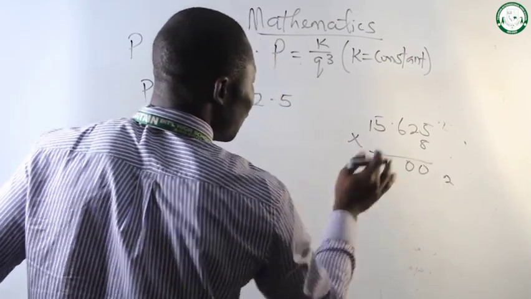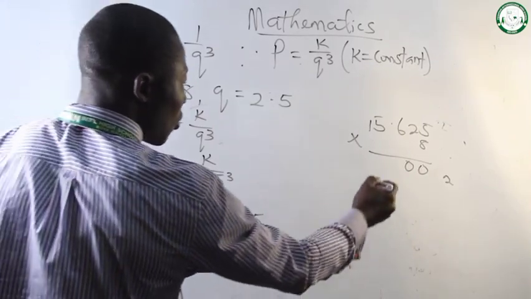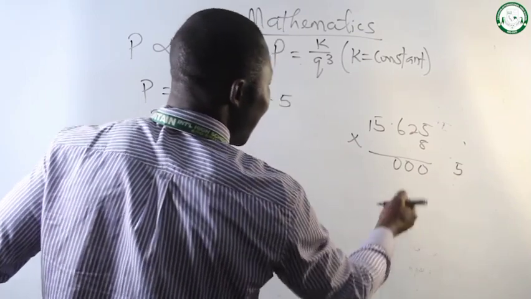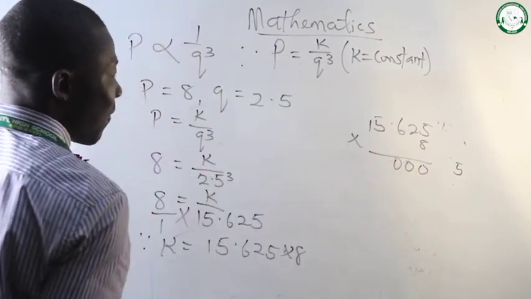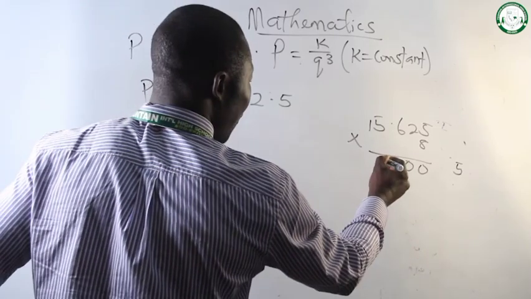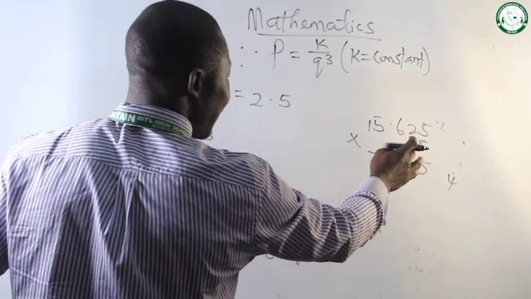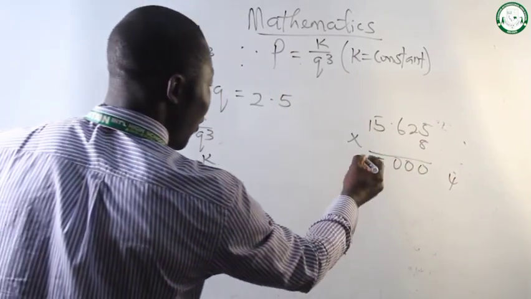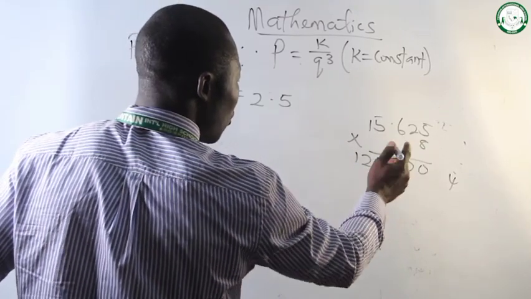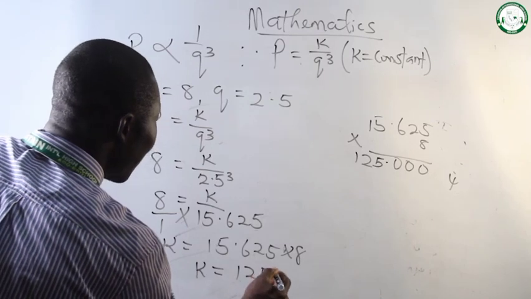We are keeping 2. 8 multiplied by 6 will give us 48 plus 2, 50. We have to keep 5. 8 by 5, 40 plus 5, that will give us 45. This time around, we are having 4. 8 times 1 plus 4, 12. How many decimal places? 1, 2, 3. So it means K equals 125.